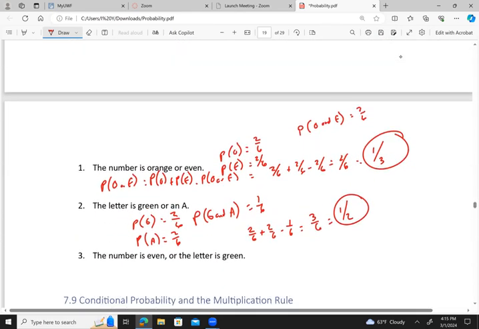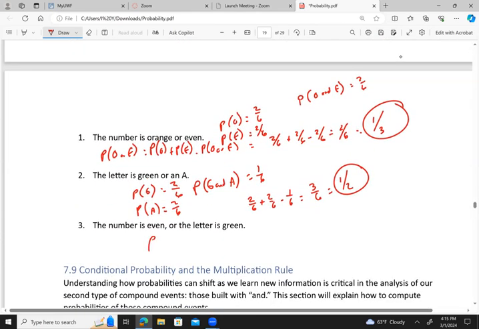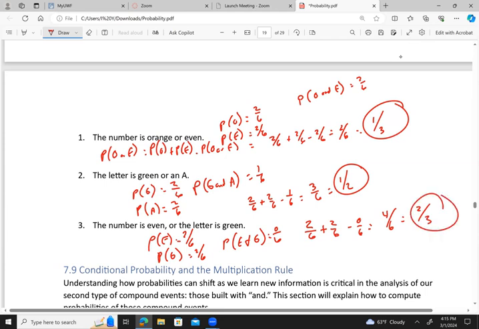So we have 2 of each. Probability of even is 2 out of 6. Probability of green is 2 out of 6. Probability of even and green is 0 out of 6. So we're looking at 2/6 plus 2/6 minus 0/6 equals 4/6, which is 2/3. And that finishes off this section.